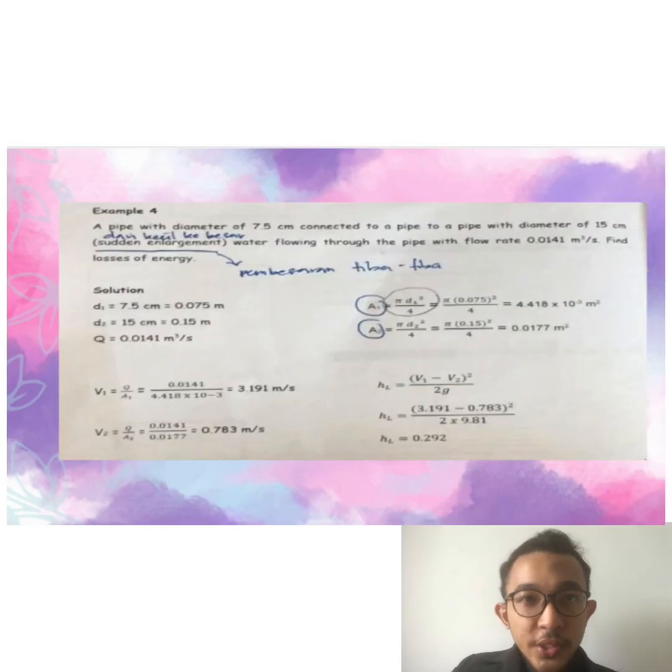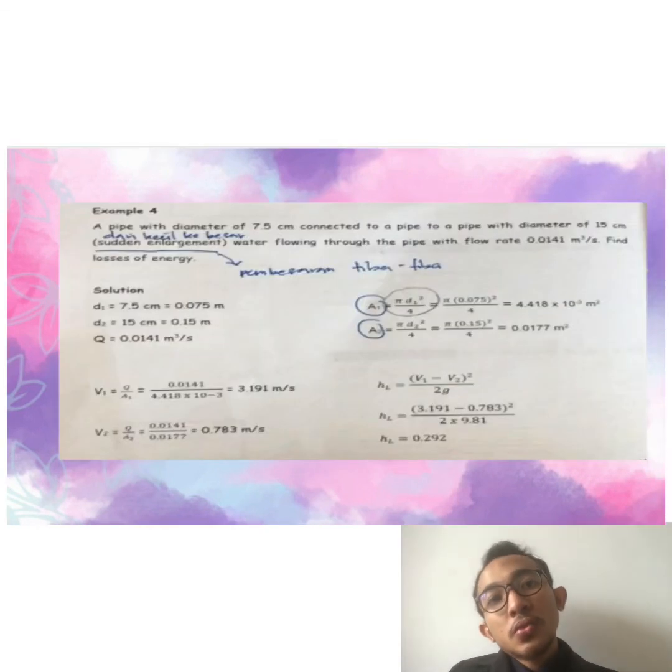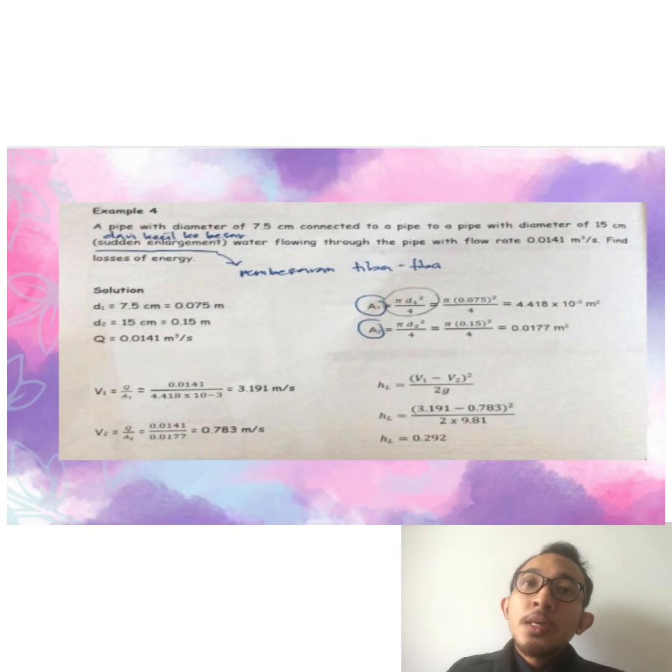For the solution, D1 and D2 are 7.5 cm and 15 cm, converted to 0.075 and 0.15 meter, and Q is 0.0141 cubic meter per second.